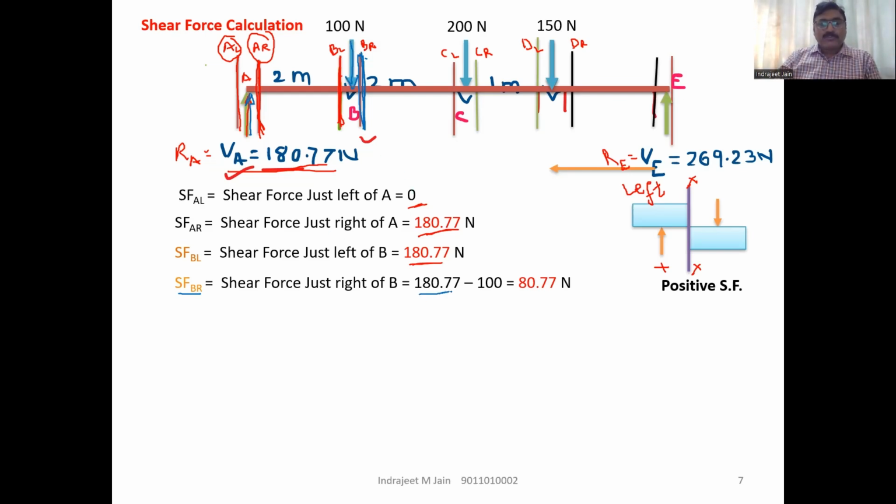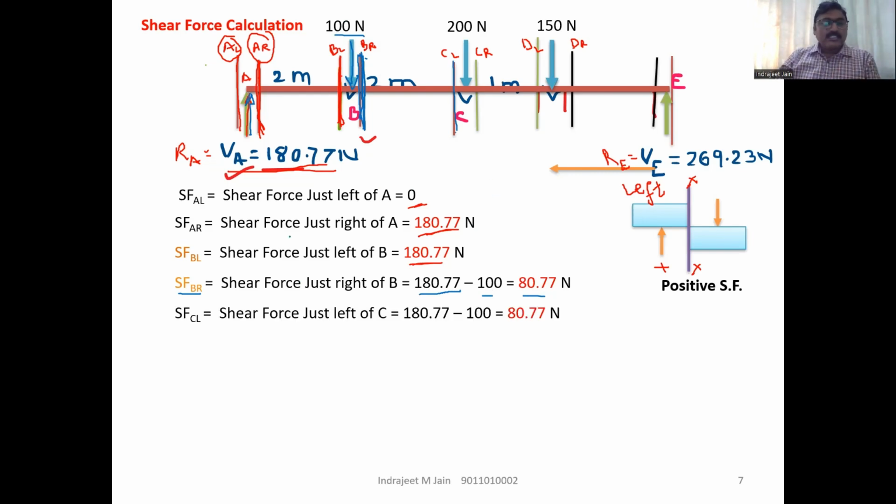So this upward force 180.77 will be positive and this 100 Newton, which is downward, is considered negative. The total will be 80.77. After this, we'll go for the section C left. As I explained, there is no loading between B and C, so there is no change in your value from B right to C left.